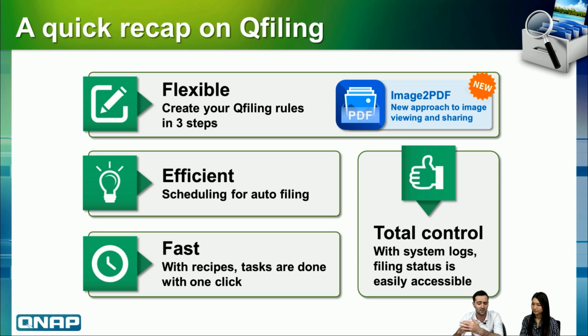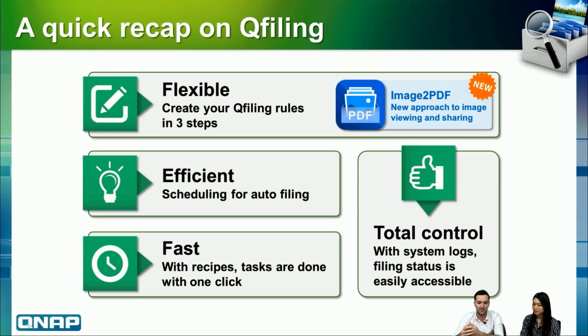It's also fast because of the recipes. You can create a recipe and use it after a time, or use it multiple times, and the tasks are done with just one click, so you don't have to do everything once again.